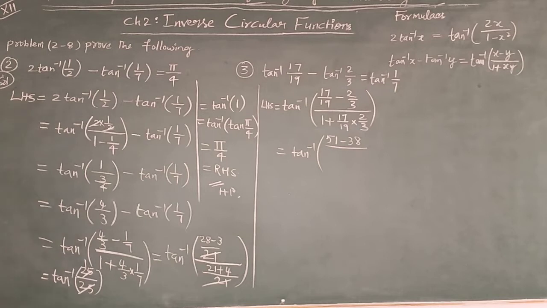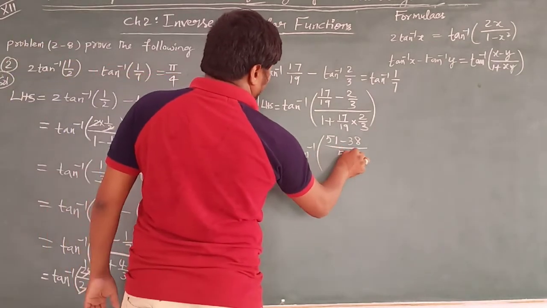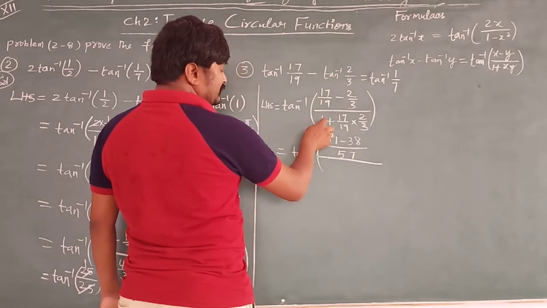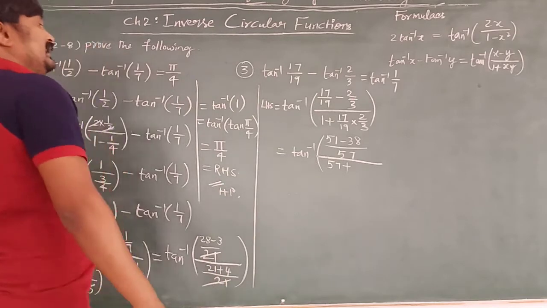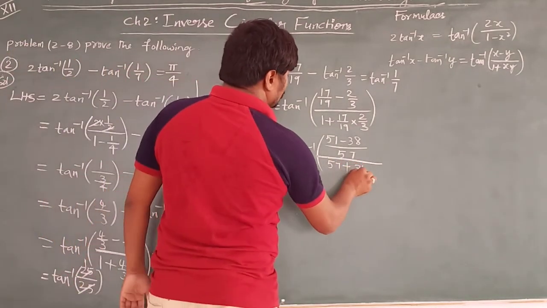Then 19 3s are how much? 19 3s are 57. Now 19 3s are 57, 57 1s are 57, plus 17 2s are how much? 17 2s are 34. So write that as 34, upon 57.